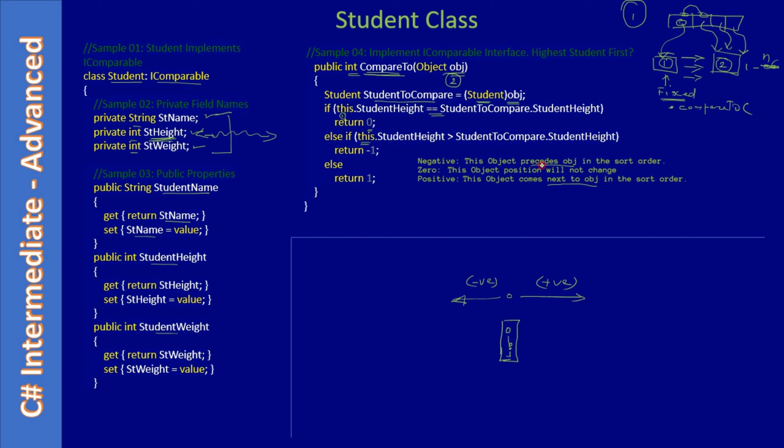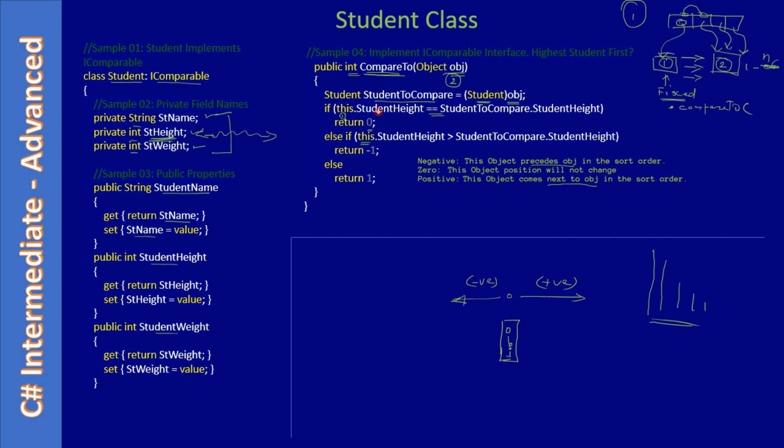Negative means this object precedes obj. That means this object moves towards left, or it precedes the obj. So once all remaining objects are scanned, we can say that the highest student goes in the first slot. Next, the next height, after that third height, fourth. Likewise, it will get sorted.